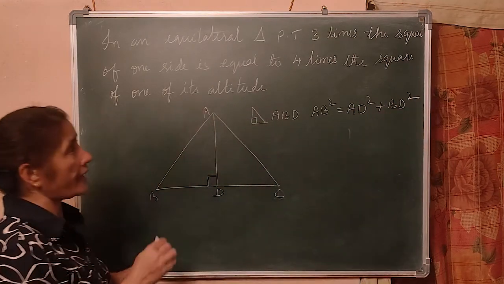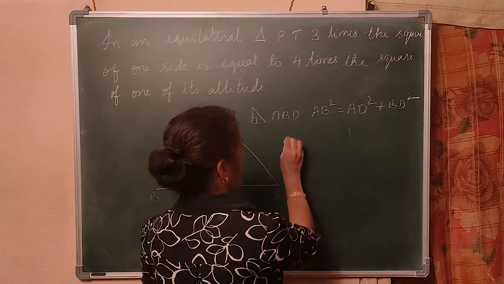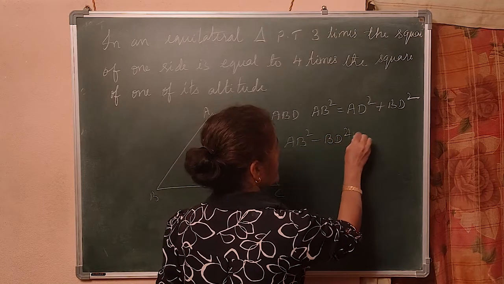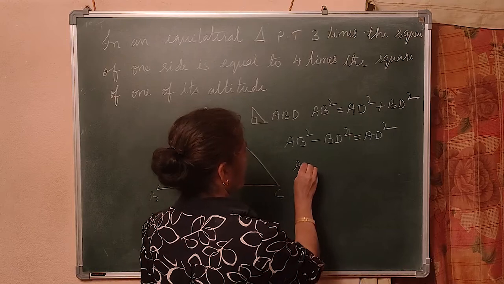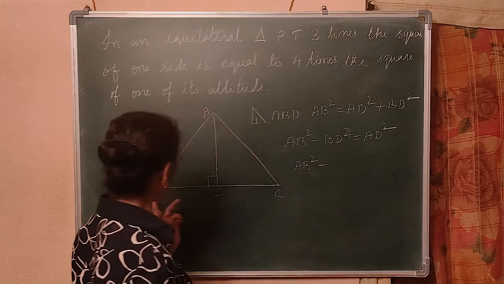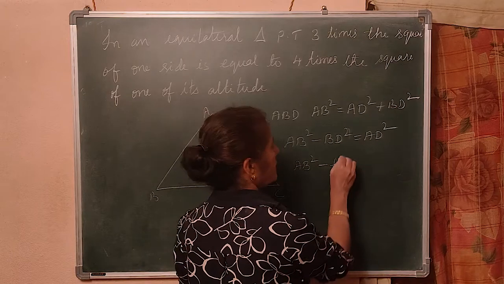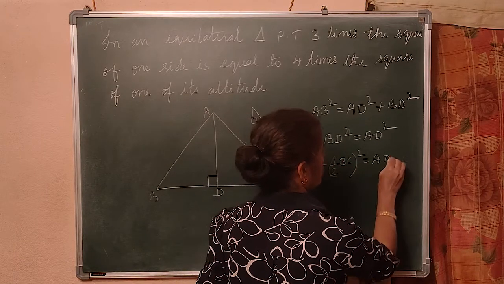Now what is my aim? To relate AB square and AD square. So I write down AB square minus BD square is equal to AD square. So AB square minus, what is BD square? Half of BC the whole square is equal to AD square.